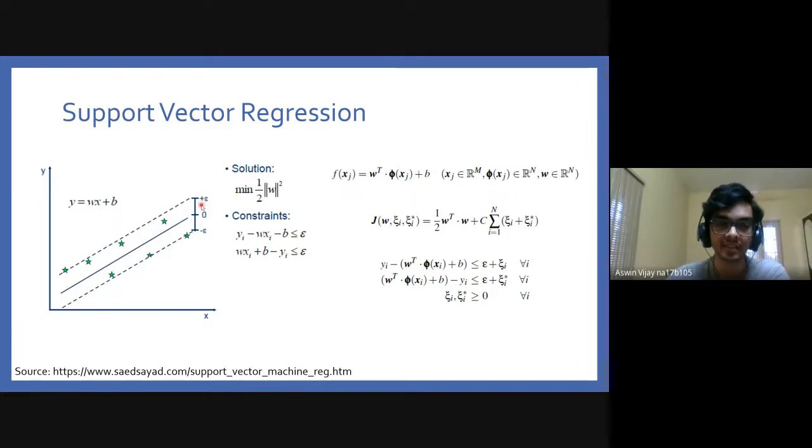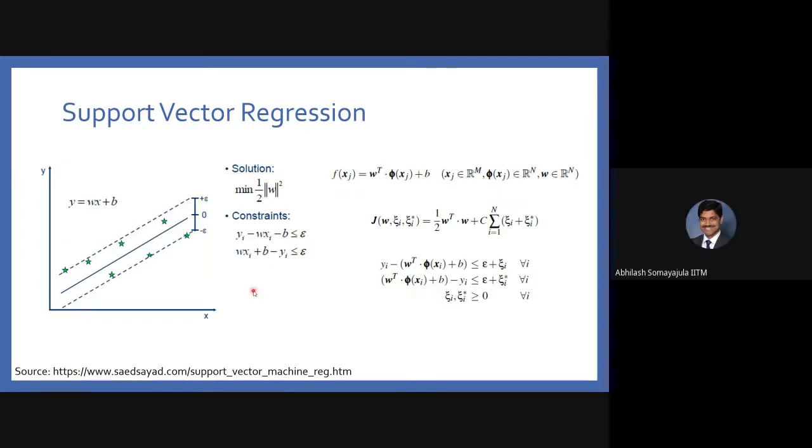This is a tunable parameter. It basically takes care of big discrepancies in your data points. You can define the margin to be as big or as small as you want by tuning this epsilon.